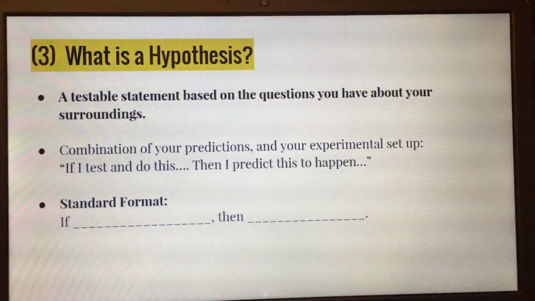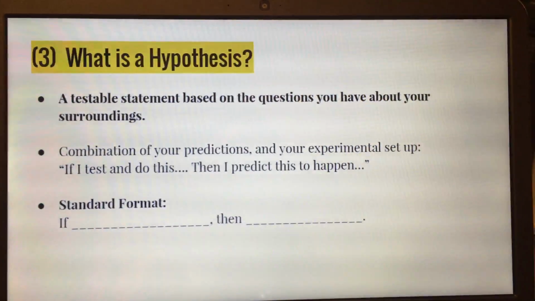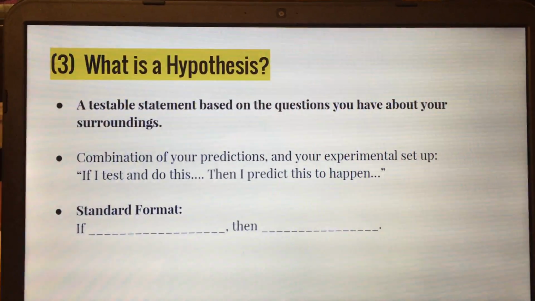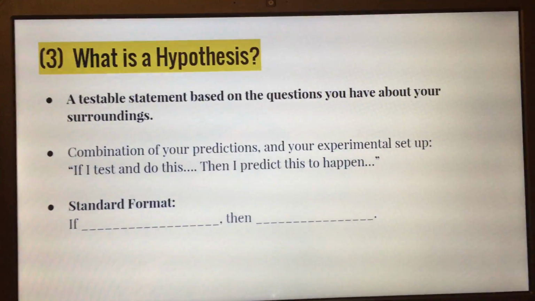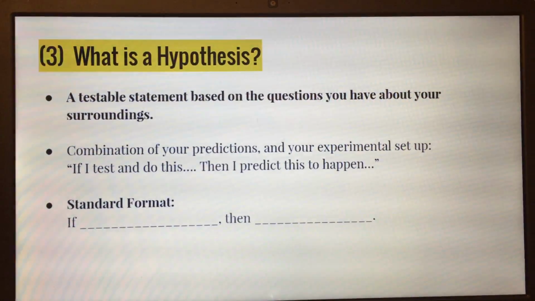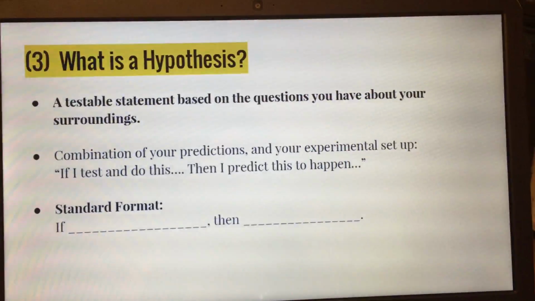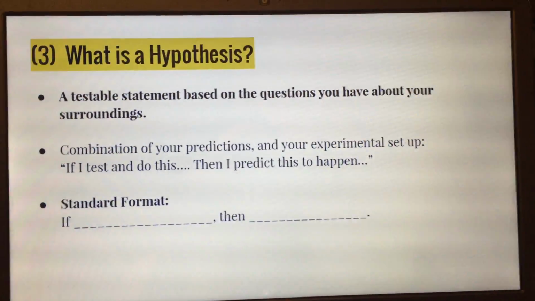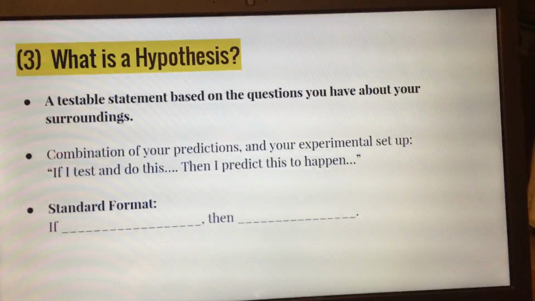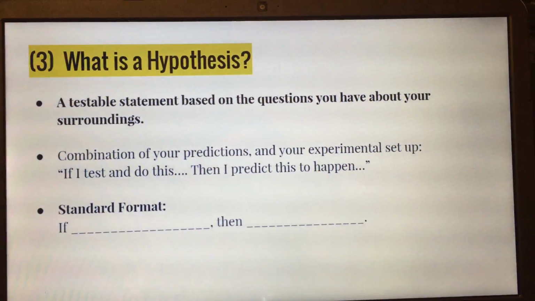If I put it in the if-then format, it always goes something like, if I do this, then this would happen. So according to this assumption that it has to do with paying the bill, you would assume if someone at home pays the internet bill, then I will finally be able to connect to Wi-Fi.